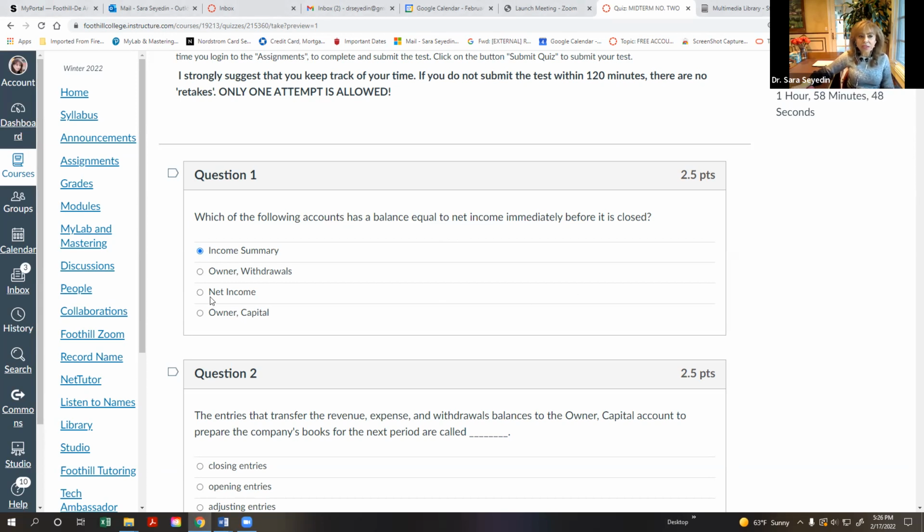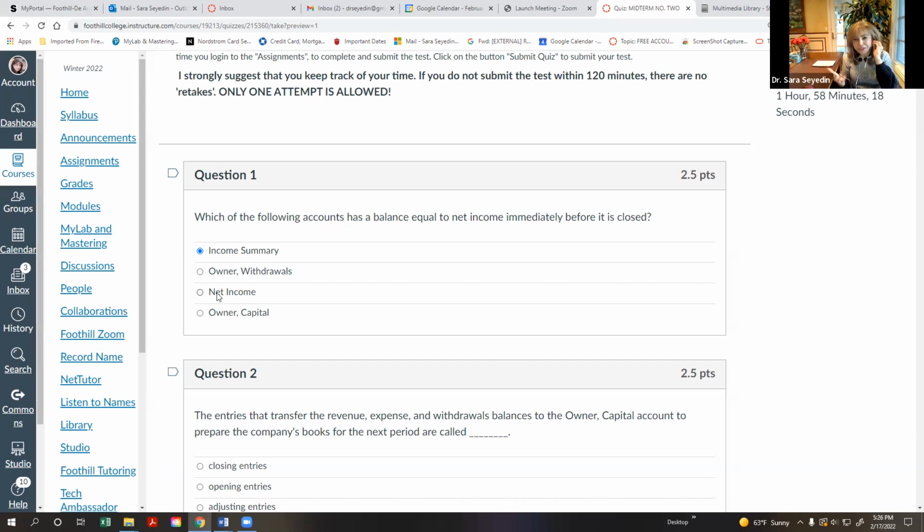Now, you might say, well, what about net income? There is no account in the general ledger by the name of net income. Net income is a product. Net income is the difference between revenue and expenses. So net income is not an account. Income summary is an account. Owner's drawing is an account. Owner's capital is an account, but not net income.